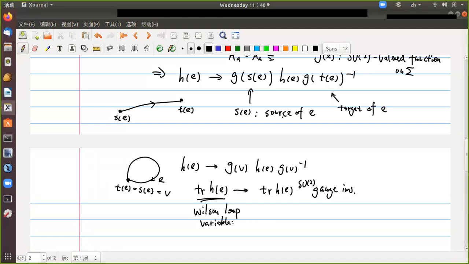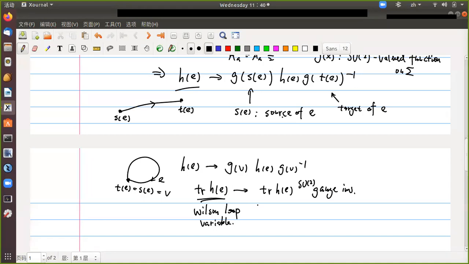The previous quantity on the curve or on the edge we call a Wilson line variable. It is not gauge invariant, but this quantity, where we consider a loop, is a Wilson loop variable. This is the reason why we call our quantum gravity theory loop quantum gravity.